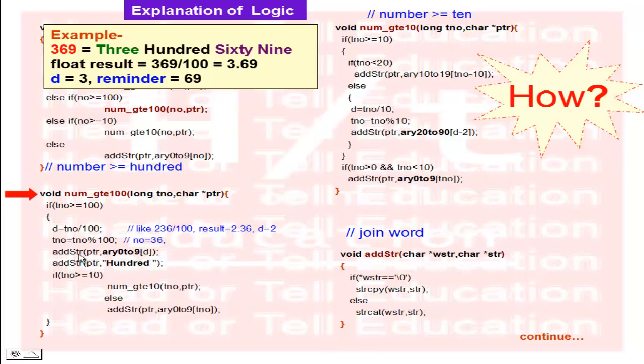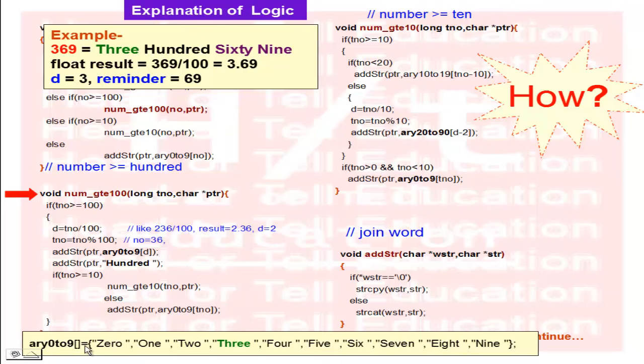Next, add string ptr. Here I am calling this function add string, and using the array 0 to 9. So what is our d number? d is equal to 3. So the index of 3, 0 1 2 3, this index is copied, meaning 3 is copied into this variable as a string, because I am passing ptr.